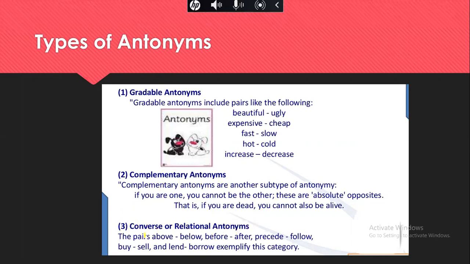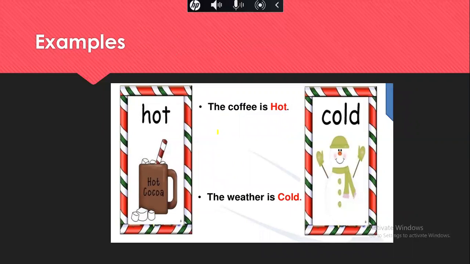The pairs like above, below, before, after, precede and follow, buy, sell, lend and borrow. Well, these are the examples of the converse or relational antonyms. For example, the coffee is hot, the weather is cold.